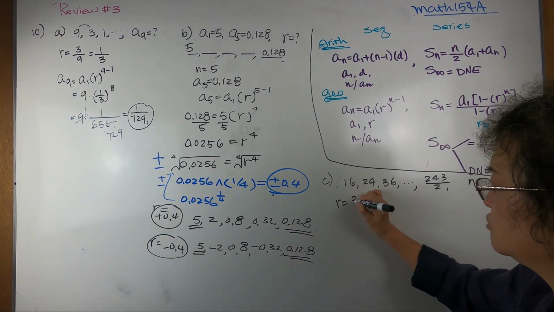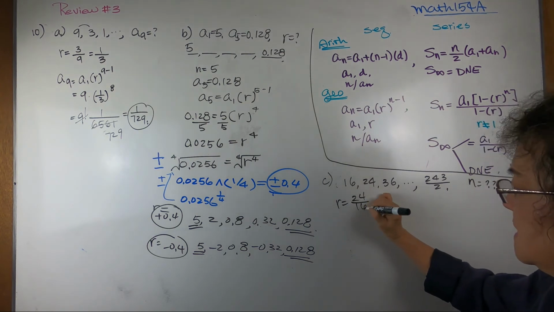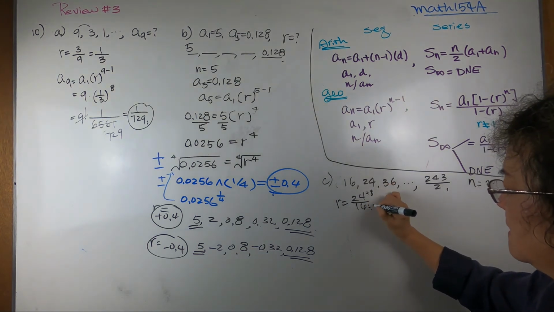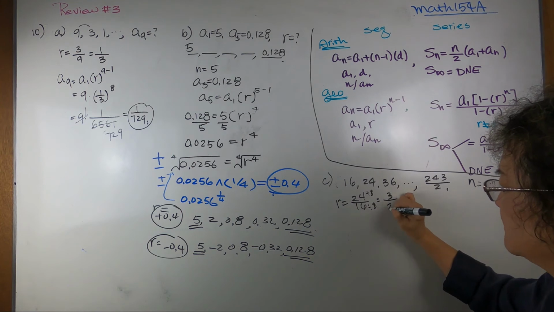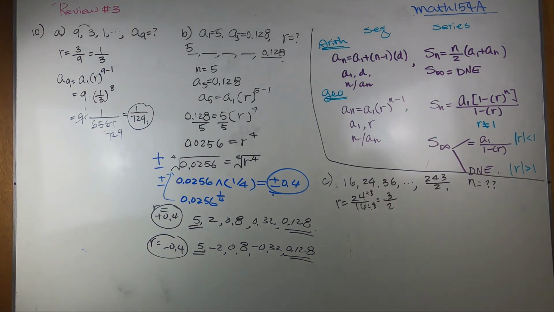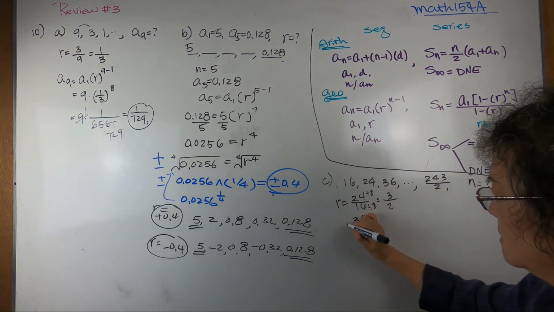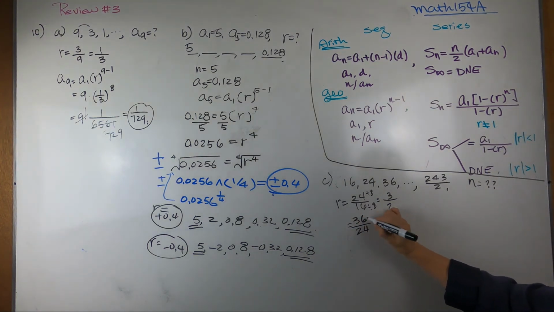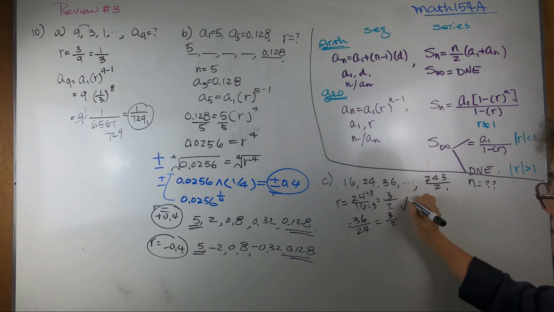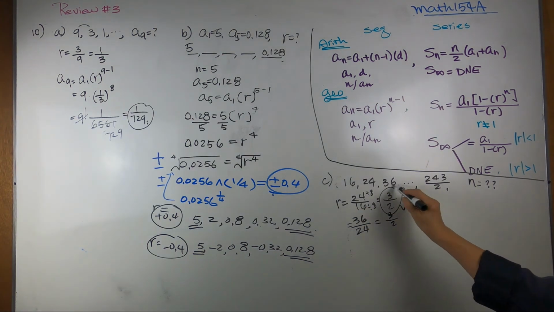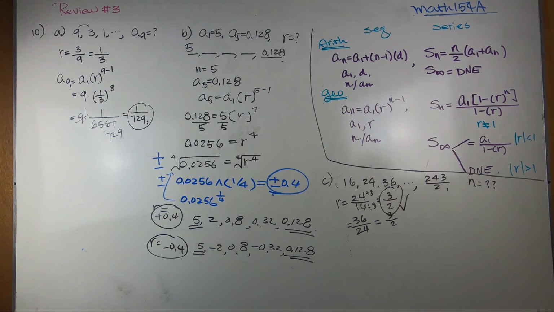So R equals 24 divided by 16. You simplify it, it will be 3/2, right? How about 36 divided by 24? Would that work? Divided by 12, still 3/2. So R is 3/2.